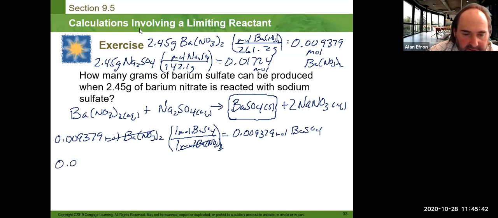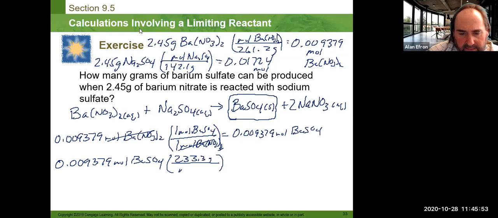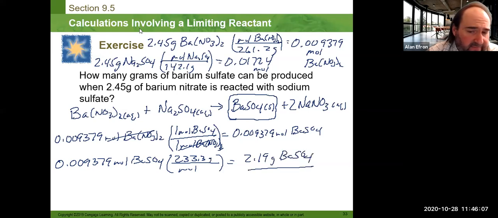So taking 0.009379 moles of barium sulfate times the molar mass of barium sulfate, which is 233.3 grams per mole, gives us roughly 2.19 grams of barium sulfate that would be produced from the barium nitrate. Now, we don't know if that's our theoretical yield or not until we do our second calculation.